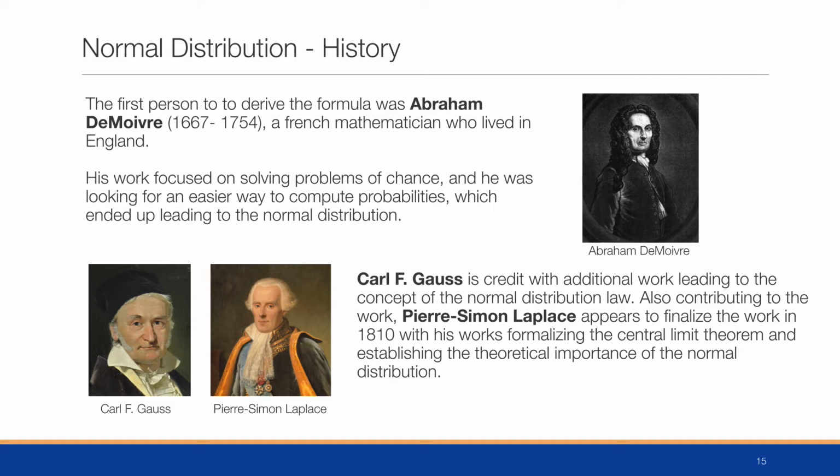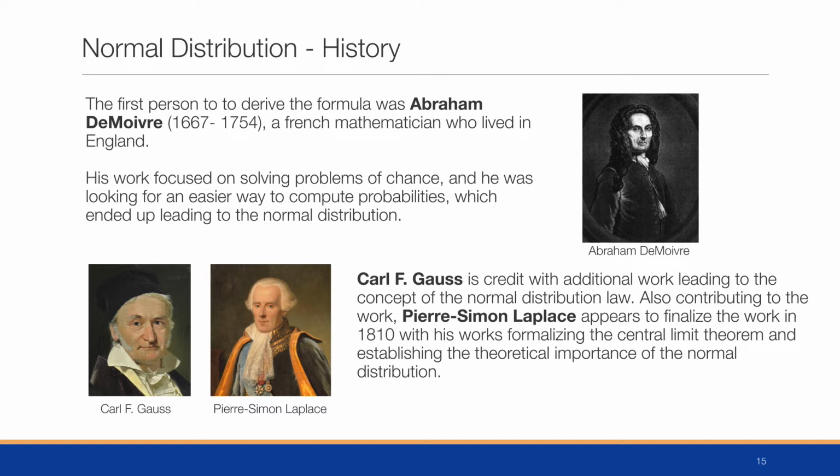The first person to derive the formula was Abraham de Moivre, a French mathematician who lived in England. His work focused on solving problems of chance, and he was looking for an easier way to compute probabilities, which ended up leading to his work on the normal distribution.